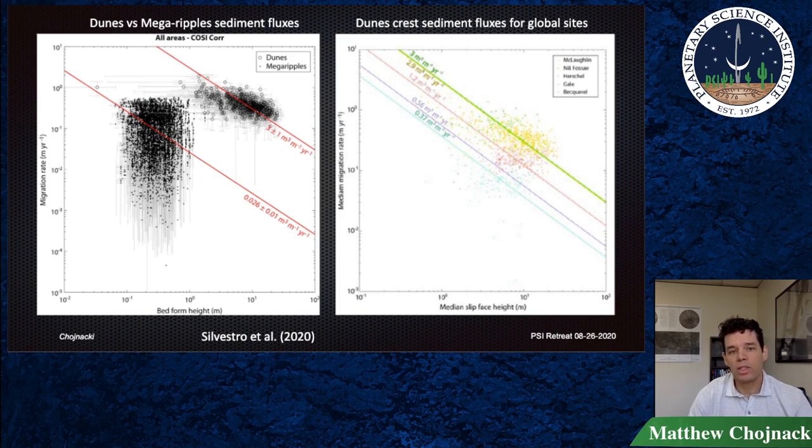And you could see the bottom few lines are examples like Gale Crater and Becquerel Crater, where they just had lower sediment fluxes for the dune fields, whereas the higher sediment flux dunes did have active mega-ripples, lending some support to our hypothesis.